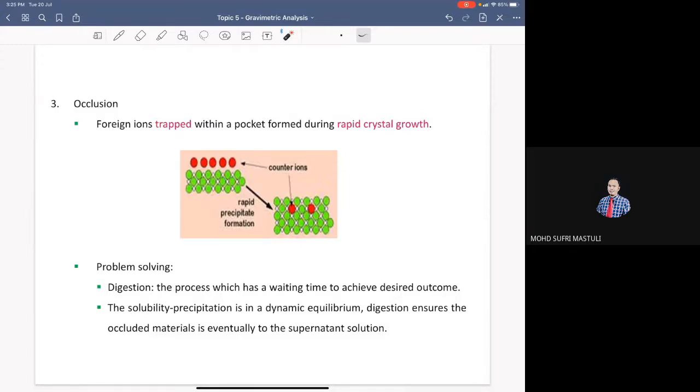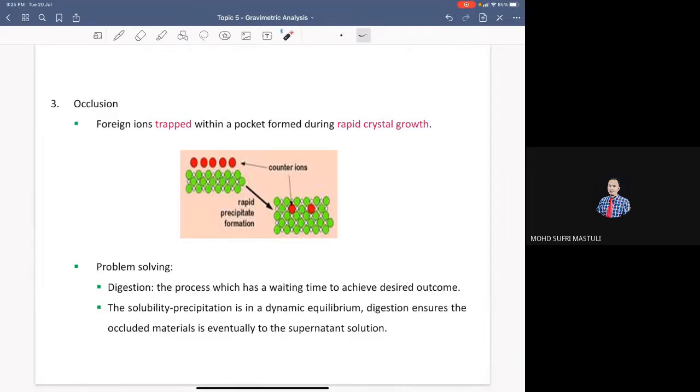So how do we solve this problem? We do digestion, a process of waiting time to achieve the desired outcome. The solubility of the precipitate is a dynamic equilibrium. Digestion can ensure the occluded material is eventually released to the supernatant solution.